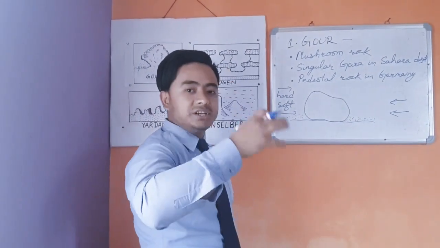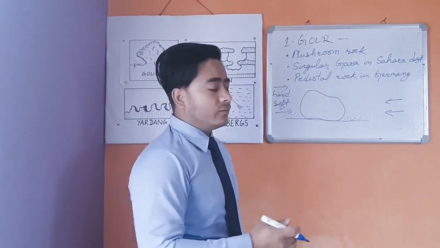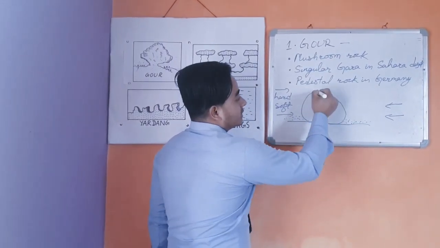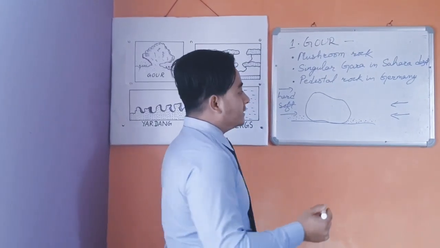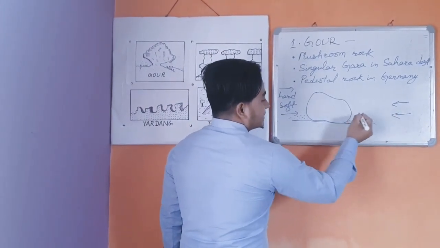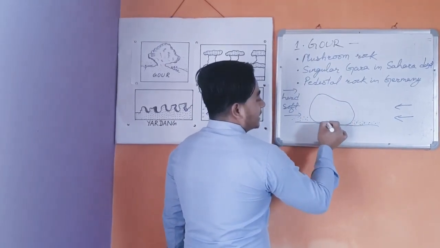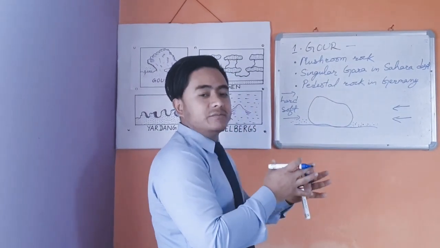And we have studied in the previous lesson that the work of wind is more active at the bottom of the rock than at the top portion of the rock. So when the wind lifts all the sand and dust particles and comes in contact with the block of rock, it starts creating friction.